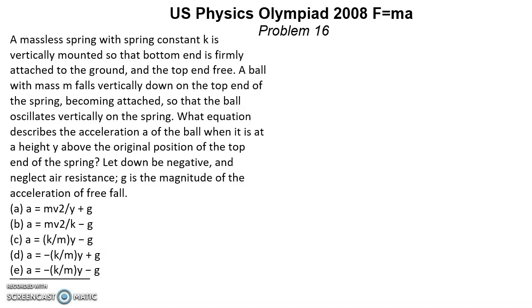What equation describes the acceleration of the ball when it is at height y above the original position of the top end of the spring? Let down be negative and neglect air resistance. G is the magnitude of the acceleration of free fall.